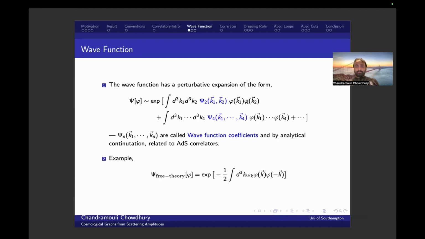And the coefficients of these fields here are what are called wave function coefficients, and these are the data that we're interested in computing. And these are also the ones which, by analytic continuation, are related to correlation functions in dS. So just to give you an example, if you're working with some free field theory, then the ground state wave function is simply a Gaussian, where this is the only meaningful coefficient that survives, which is given by the energy of your field.